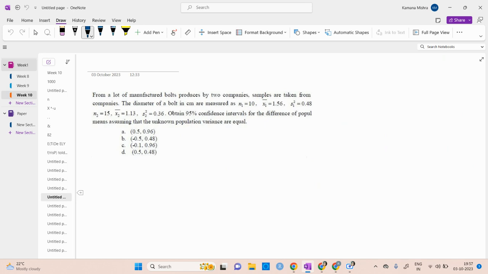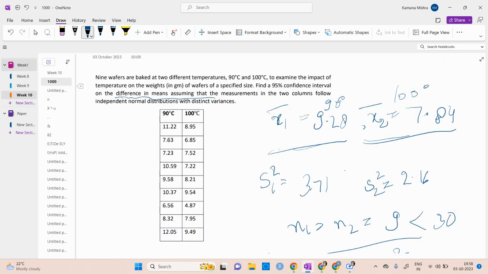Now the next question is again the difference of population means, assuming the unknown population variances are equal. So this is what we have done already, I think, in the first question. Here we have difference in means, and you have the first mean, second mean.